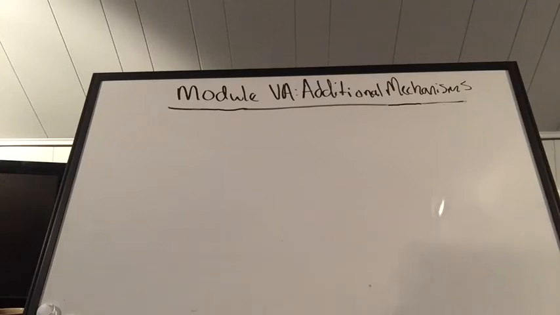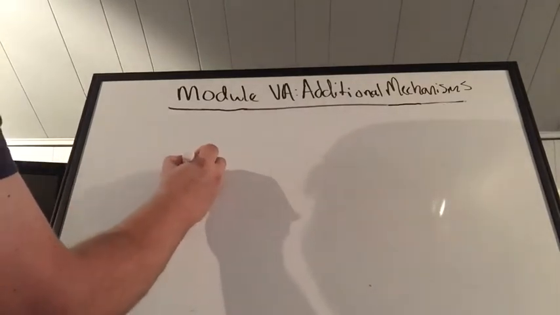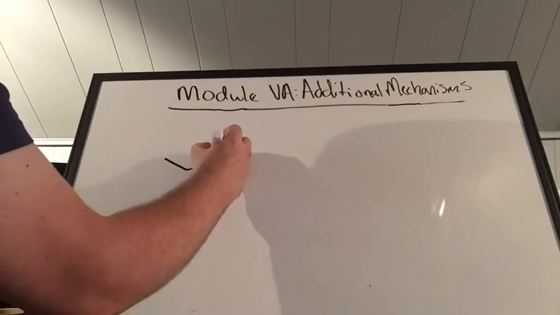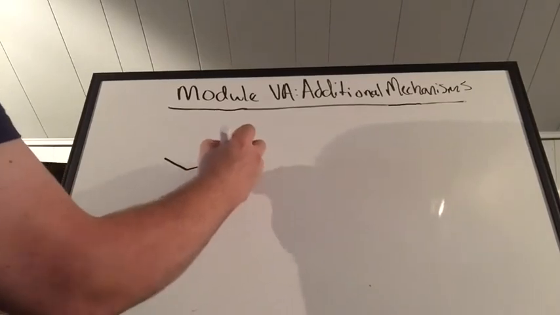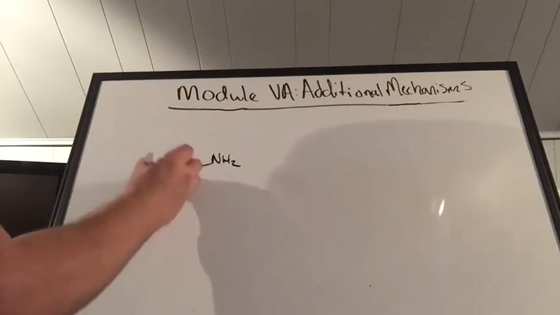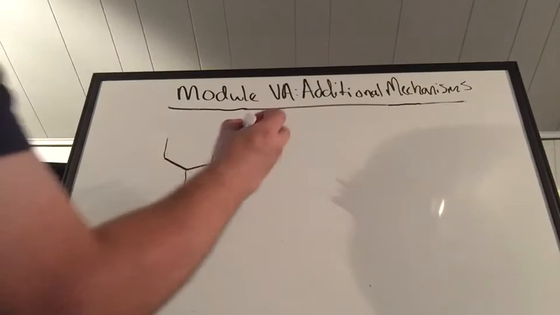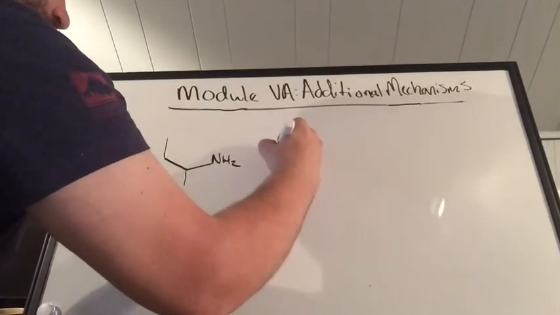So the first thing to do is remember that an amine is going to be highly nucleophilic, especially in the presence of, say, a strong electrophile like methyl iodide.